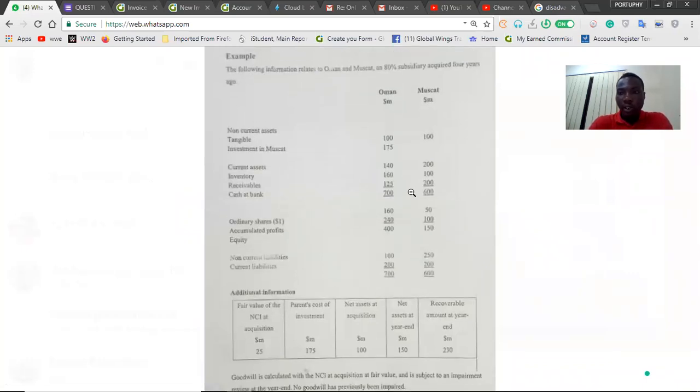The question reads: the following information relates to Oman and Muscat, an 80% subsidiary acquired 4 years ago. You have the balance sheet given over there. The non-current assets have been broken down into intangible and tangible.